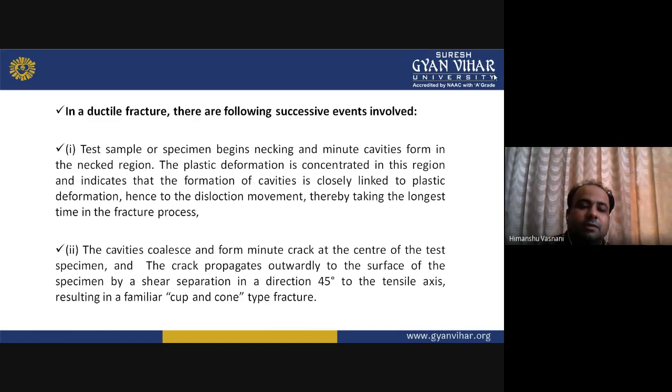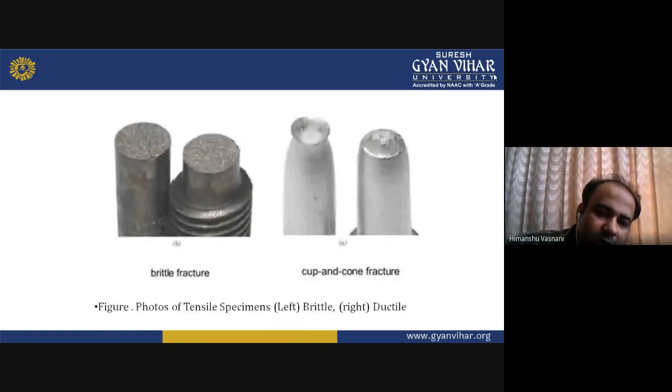The cavities coalesce and form minute cracks at the center of the test specimen, and the crack propagates outwardly to the surface of the specimen by shear separation in a direction 45 degrees to the tensile axis, resulting in the familiar cup and cone fracture. I have shown in the diagram how the cup and cone fracture takes place.